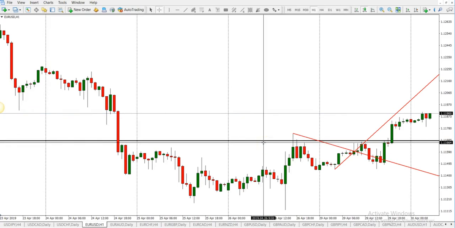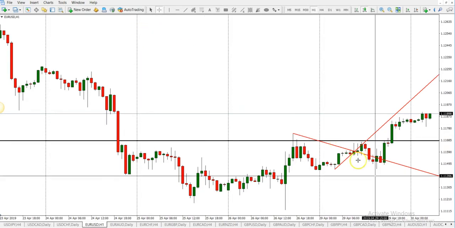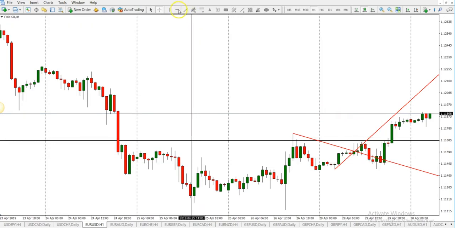You can see that was at 665. So a 2 pip buffer about that line, 2 pips. I'll explain that in a minute, and we draw it to the bottom.